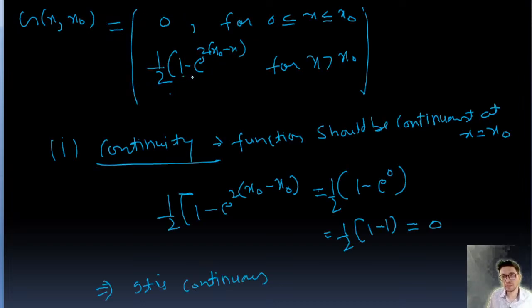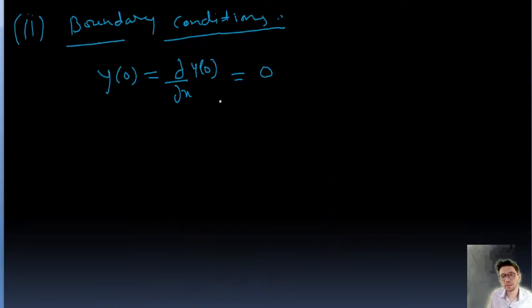If you differentiate it and put x equal to 0, dy over dx at x equal to 0 is also going to be 0. All the options will satisfy the boundary condition, so the boundary condition is satisfied.